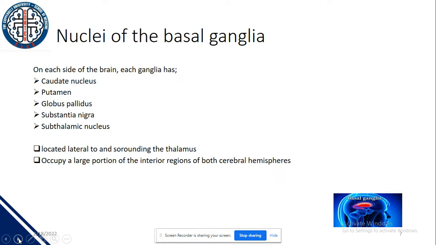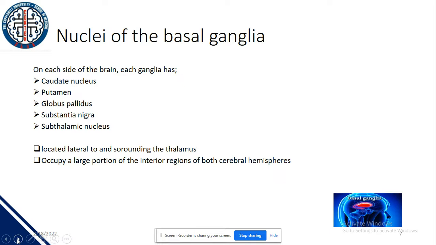On each side of the brain, each basal ganglia has five components, or five nuclei. So we have the caudate nucleus, the putamen, globus pallidus, substantia nigra, as well as the subthalamic nucleus. But it is important to note that globus pallidus has two parts: globus pallidus internus and globus pallidus externus.